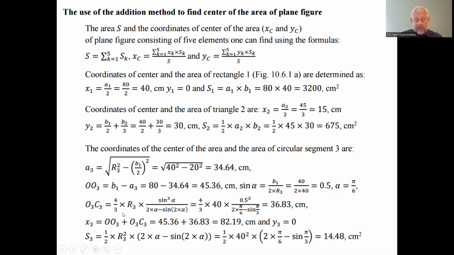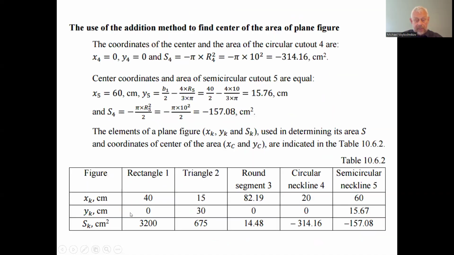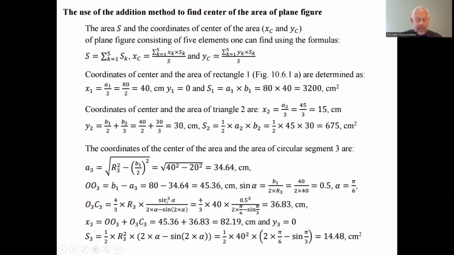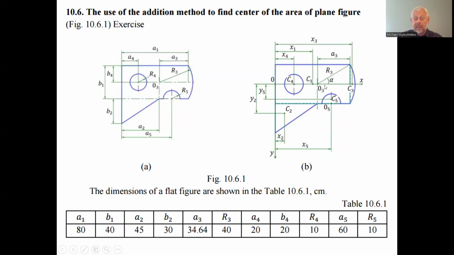O3C3. So the question is to find the distance from O3 to C3. It is equal to a standard formula for finding the center of the area of a segment of the circle. This is 4/3 multiplied by R3 multiplied by sine cubed alpha, divided by the angle. So we consider the sine alpha and this radius as well.